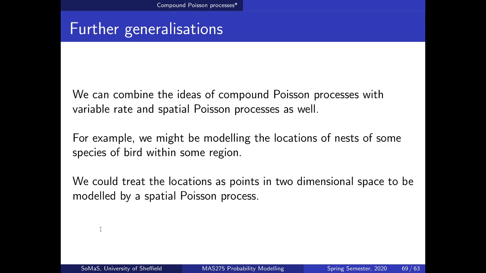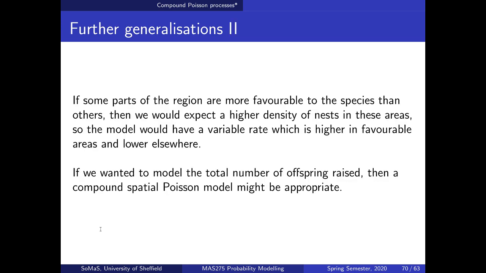The places where you have the nests form a spatial Poisson process, and on top of that, you can add extra random variables, which would describe, say, the number of eggs. And you can use a variable rate, as we said before, to model clustering, with some places having more nests than other places. If we want the number of eggs, or the number of offspring raised by a parent, then the compound spatial Poisson model may be very useful.